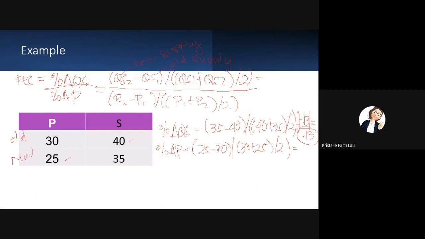So, we have 25 minus 30, then close parenthesis, divide natin, then another open parenthesis, then 30 plus 25, close parenthesis, then divided sa 2, then close parenthesis.